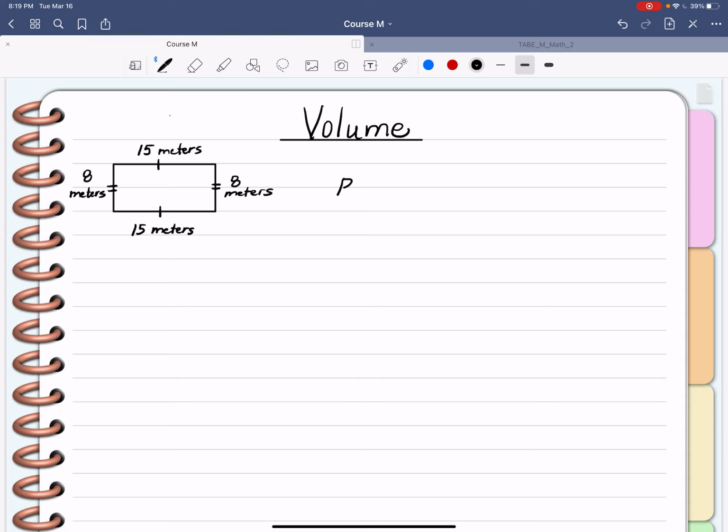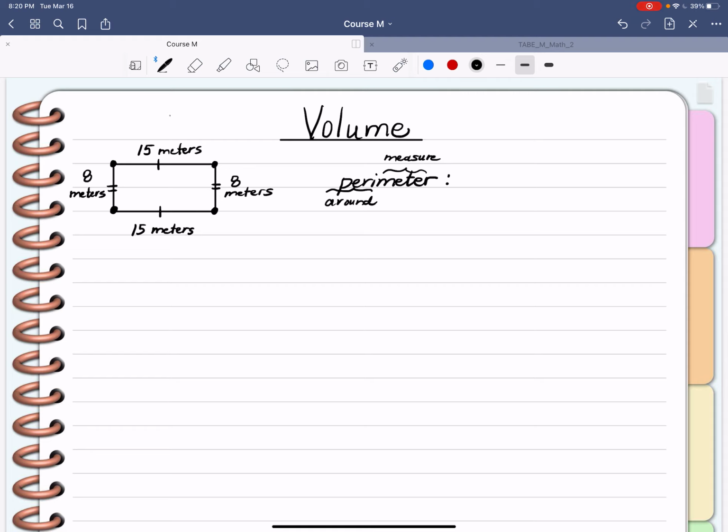Now, to find a perimeter, let me just tell you the etymology of this word. Peri means around. Meter means measure. So perimeter is the measure around something, from corner to corner to corner to corner and back again.